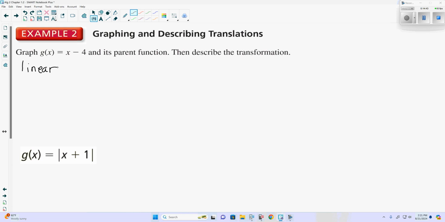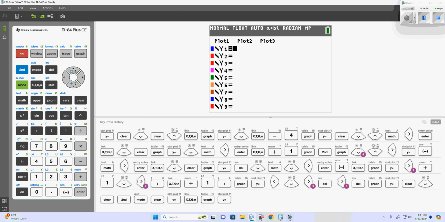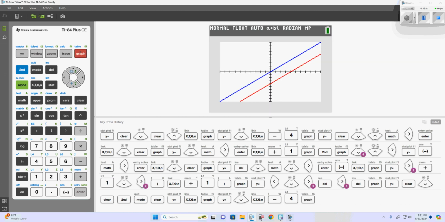So we want to describe the transformation. For these first two, we're going to look at it graphically and then algebraically. So graphically, this is the linear parent function, yes? Now the new one we have is x minus 4. Now again, we'll go over how to type this in. We'll do that at a later date. What I'm mainly wanting to look at is the graph. So the one in red is the graph of this here. So how did it change from the blue to the red? What happened to it? Yeah, you said it.